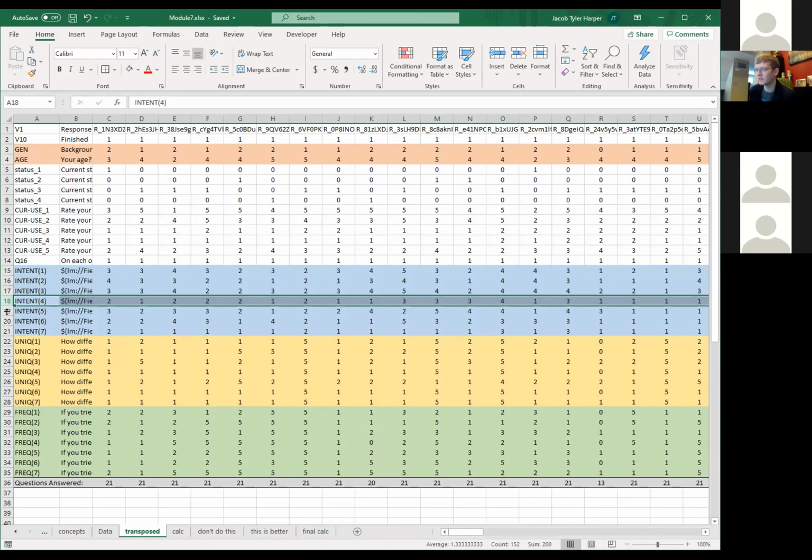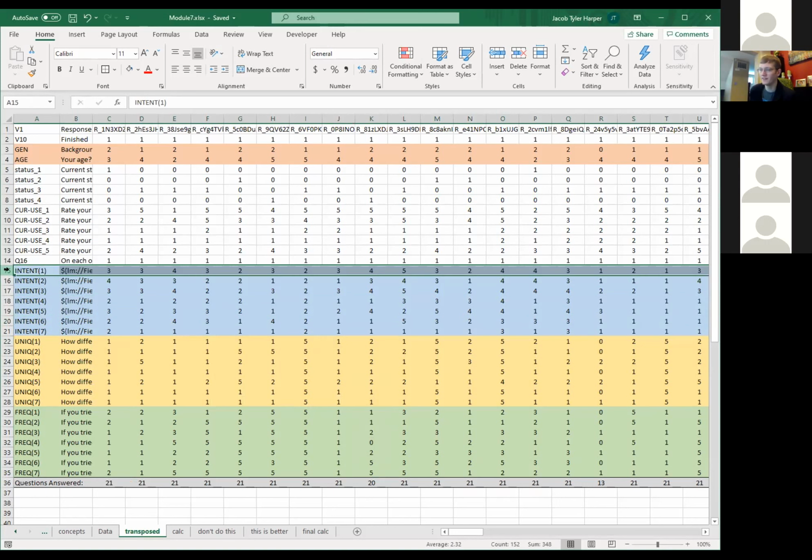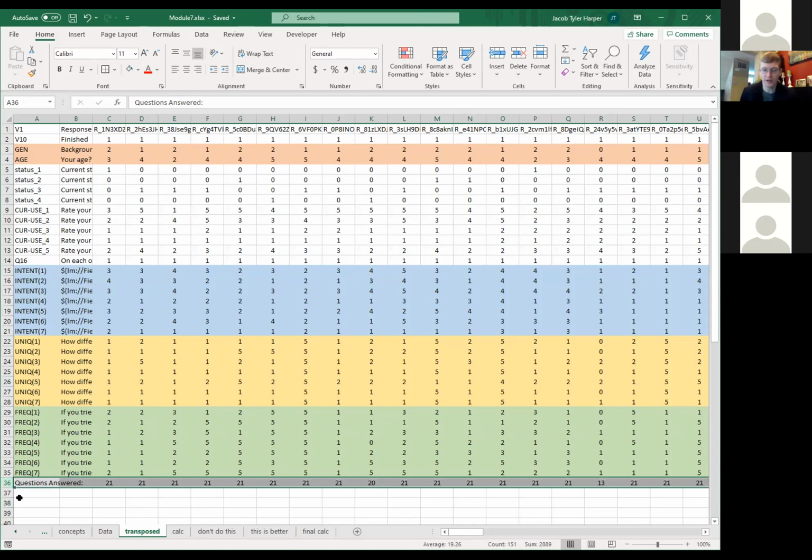So every single cell would test that all 21 things had no zeros. That's horrible to type. So here's a better method. I deleted everything underneath frequency 7 because you're not going to use it. What you can do is add a brand new row that summarizes if they answered all 21 questions.